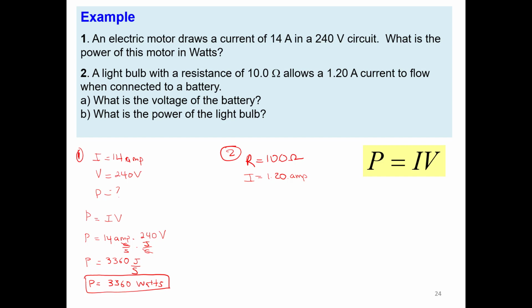Then what is the voltage of the battery? What is the voltage?